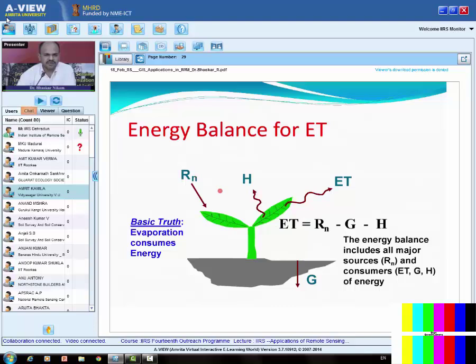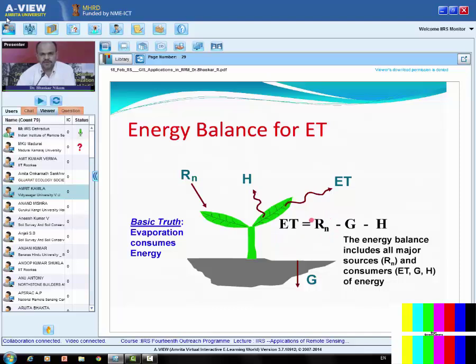So the total energy that we receive in terms of radiation will be used to heat up the atmosphere, which is the sensible heat flux of atmosphere, to heat up the soil, which is the ground heat flux, and the remaining energy will be used to convert water into water vapor, which is the latent heat flux. The problem with latent heat is we cannot measure it directly using any instrument, so we have to calculate it.